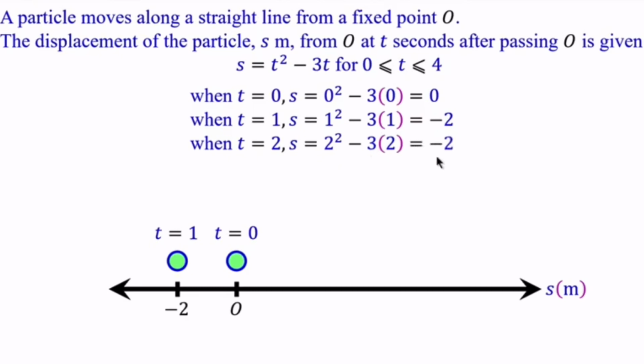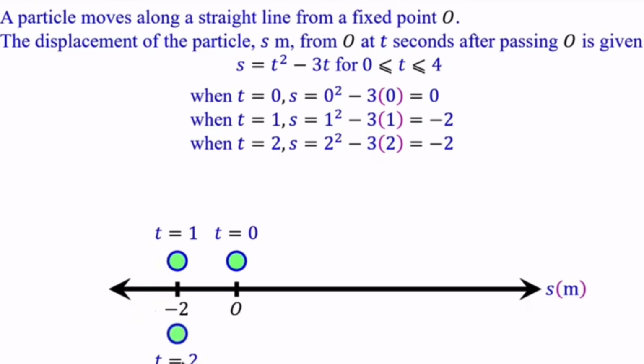When t equals 2, let's substitute again, and we get s equal to -2. That means the particle is at -2 again. So when t equals 1 and t equals 2, the particle is at the same place.